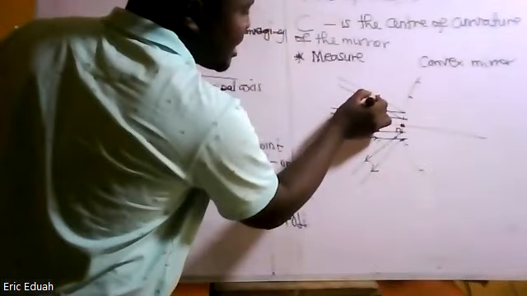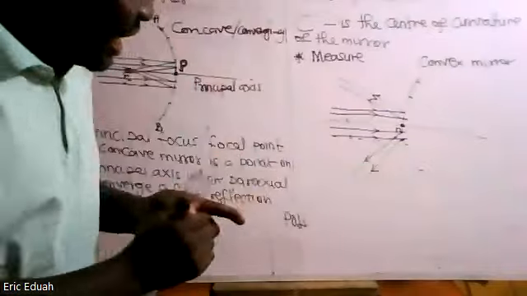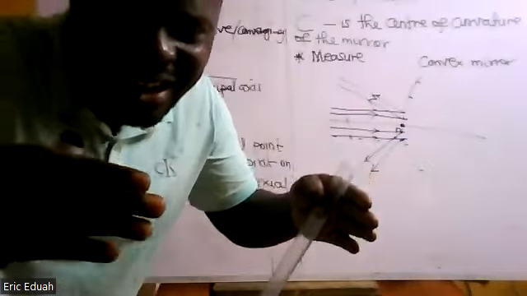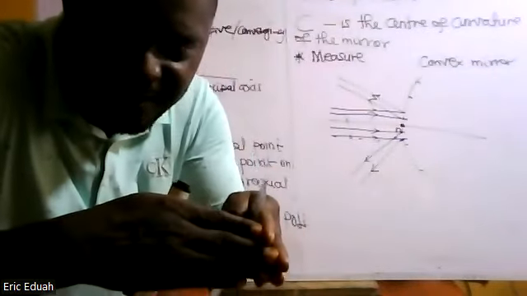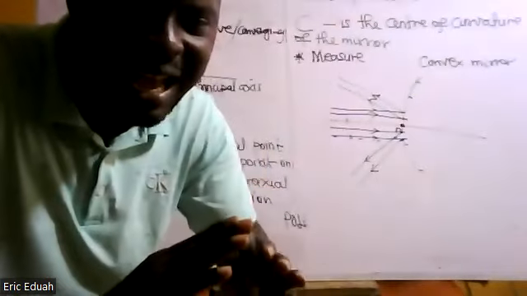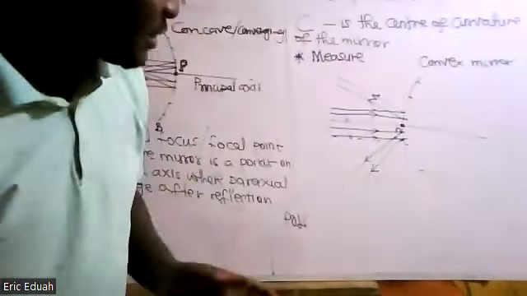Now, because the rays are diverged, in front of the mirror, hardly would they converge at a point. Because the rays are spread out, hardly would they converge in front.